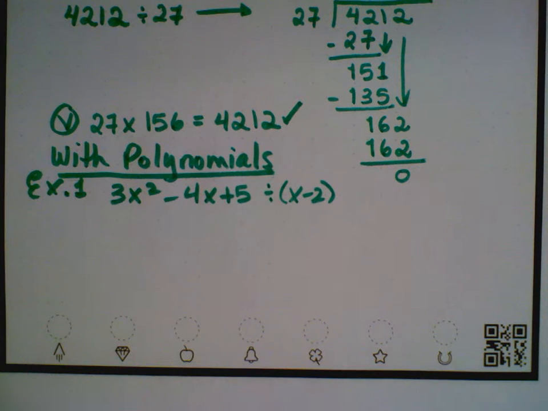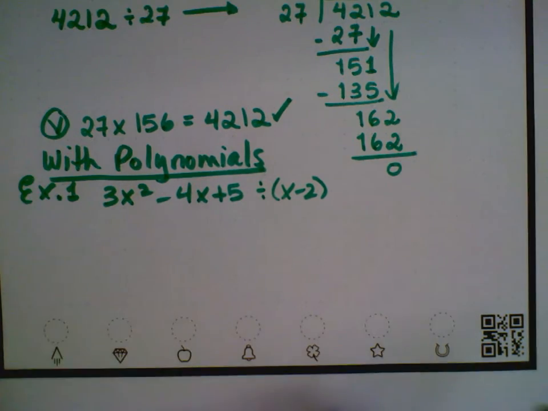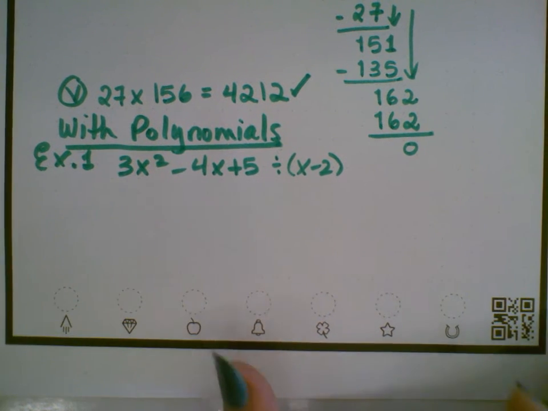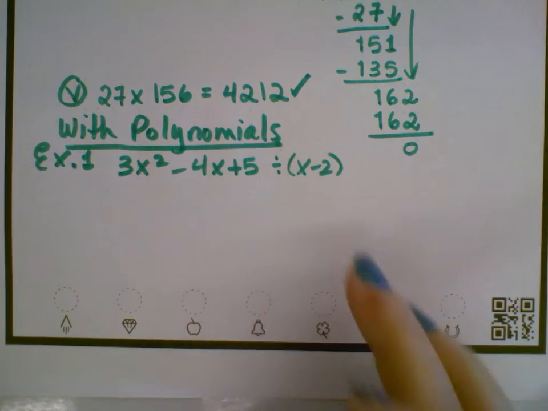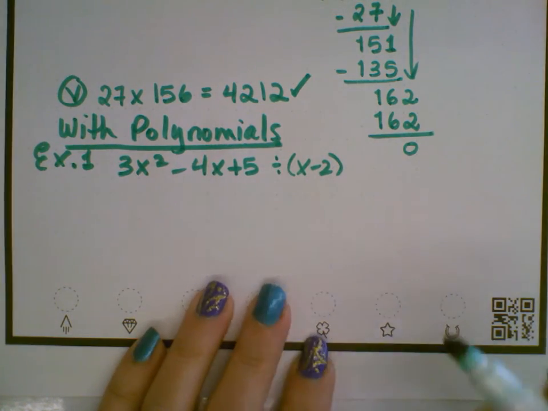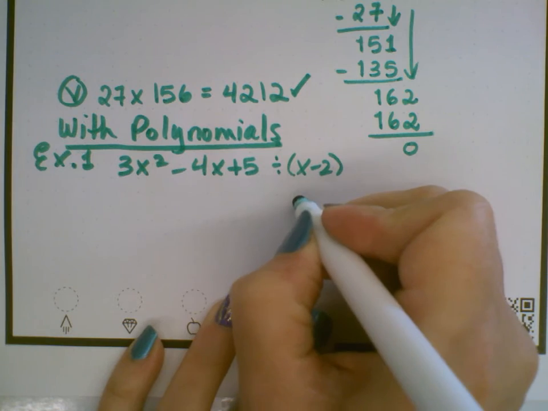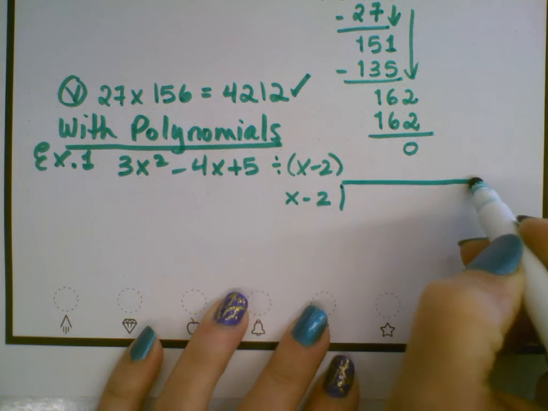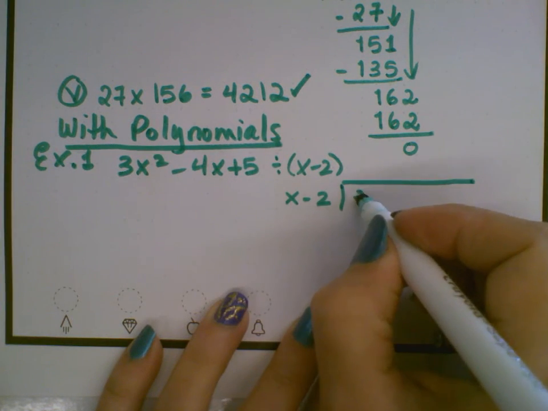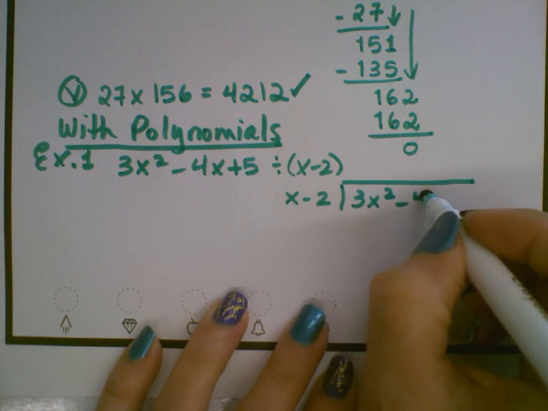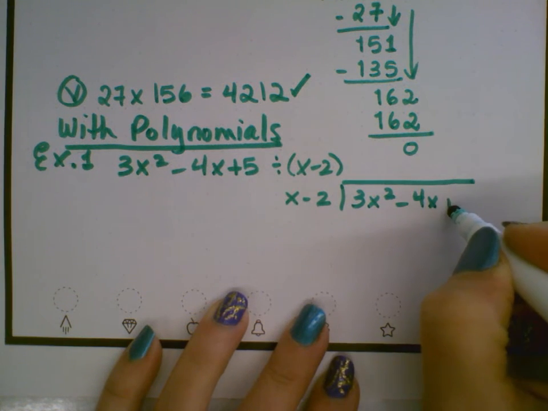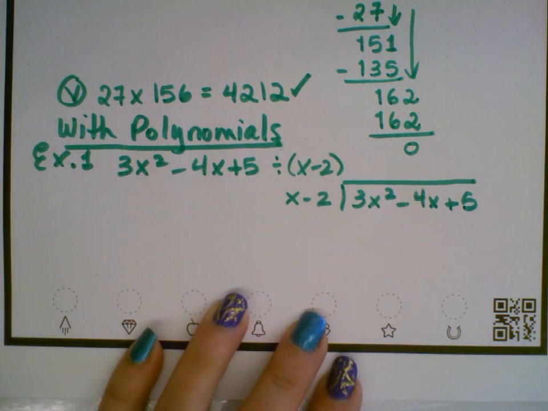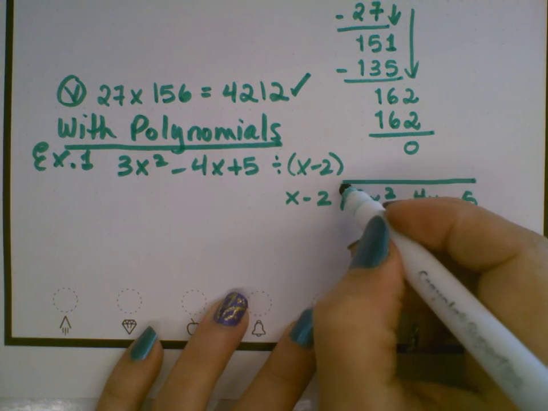The first step is to rearrange it according to the standard algorithm, which means take that x minus 2, which is your divisor, put it out front, and then your 3x squared minus 4x plus 5 is going to go underneath or inside.